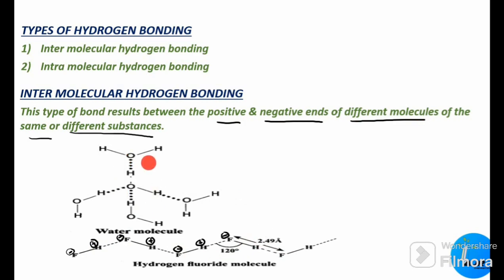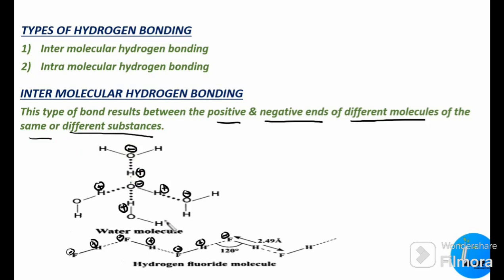This is also an example of the same category. Same substance, that is water. This is a water molecule, H2O, and here also H2O, then again H2O. So different molecules; here also we could see the hydrogen bonding between the negative and the positive ends of different molecules of the same substance.